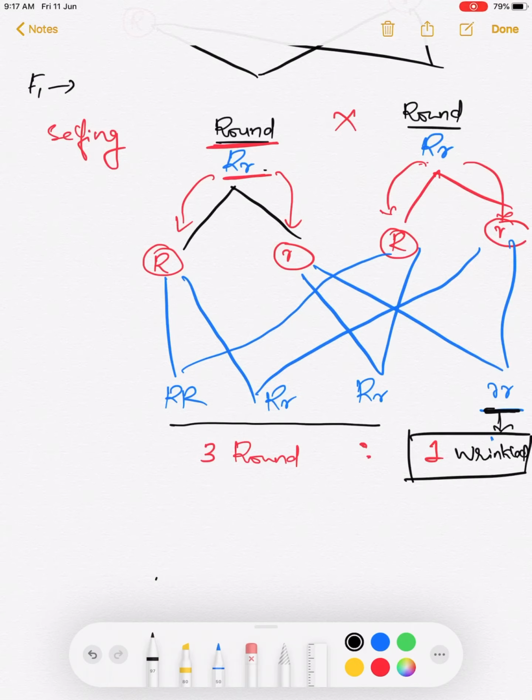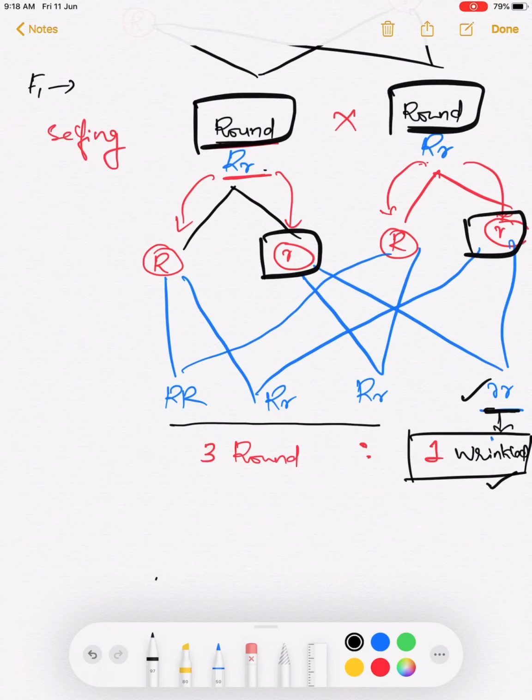As a result, during random fertilization, these two gametes, small r, may combine together and produce a new phenotype, wrinkled. Though there are no wrinkled seeded plants in the F1 generation, we can get wrinkled seeded plants in the F2 generation because capital R and small r separate or segregate during gametogenesis. As a result, these two small r may combine together to form a wrinkled seeded plant. This is about law of segregation.